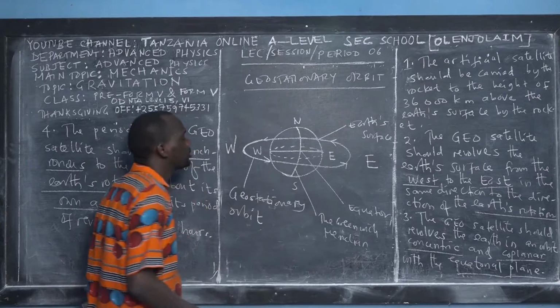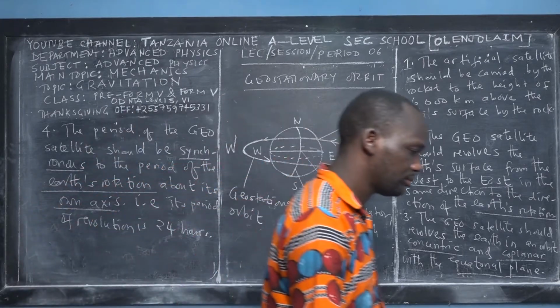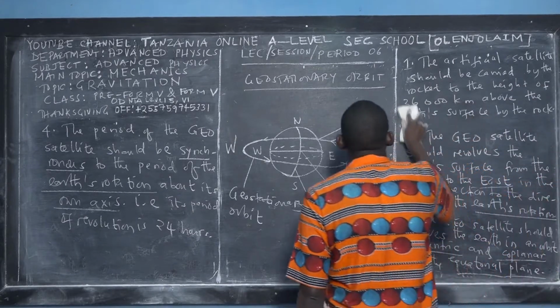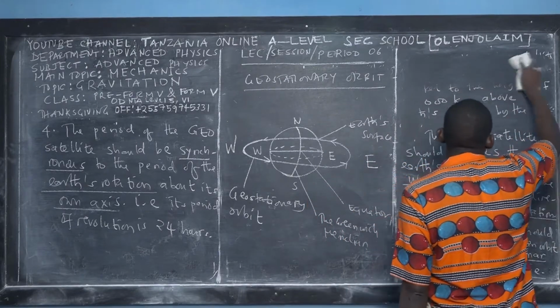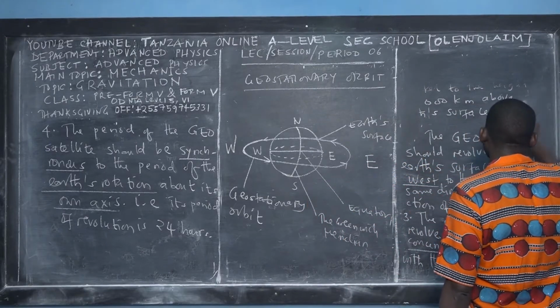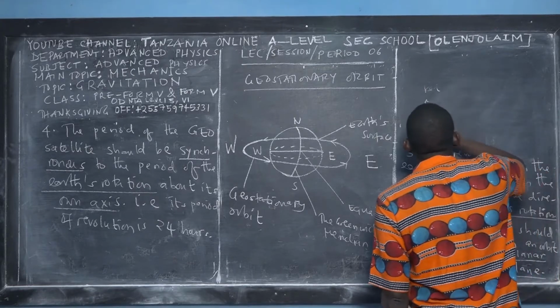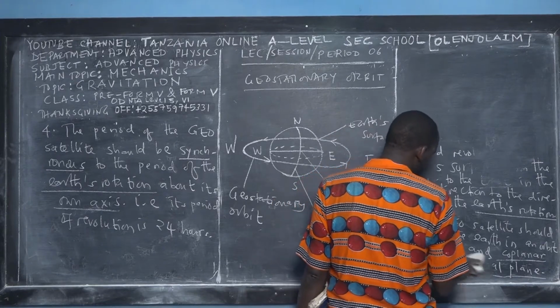And there we have also the number 14 of longitudes. So that's how we sketch the parking orbit. That's what we call geostationary or parking orbit or synchronous orbit.